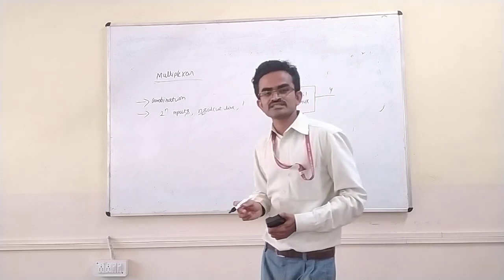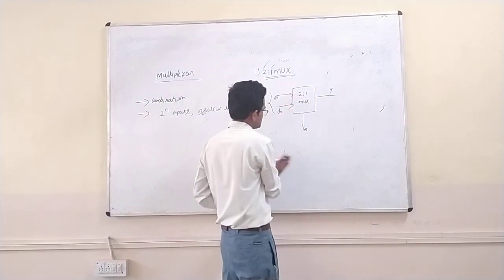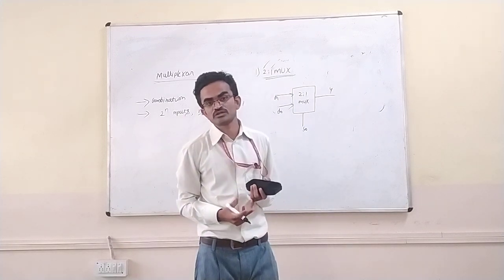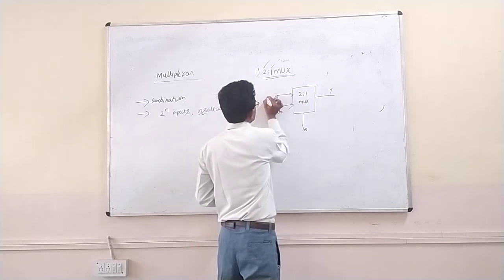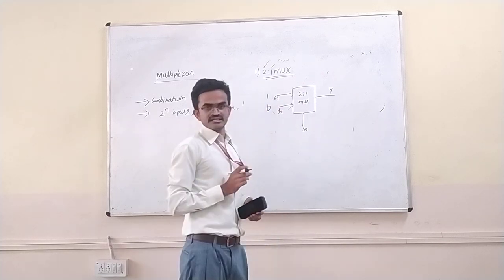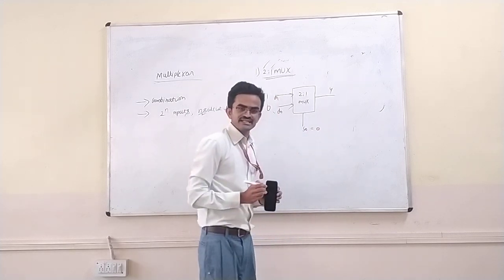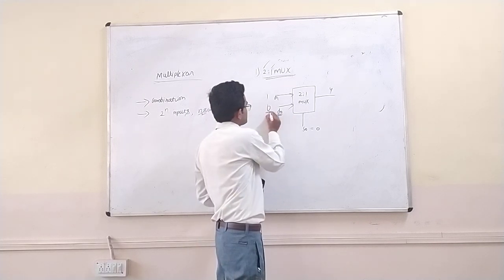Here the output Y depends completely on the select line. Let me explain the operation of this. So consider 2 inputs. What are the possible combinations? Either 0 0, 0 1, 1 0 or 1 1. I consider a random 1 0. If the select line is 0, D0 is selected and the content of D0 is the output.